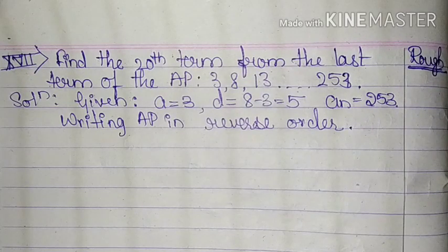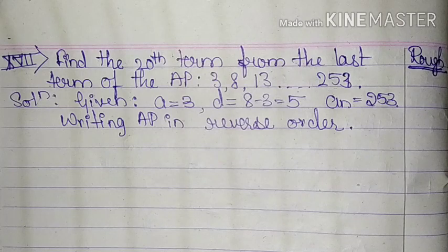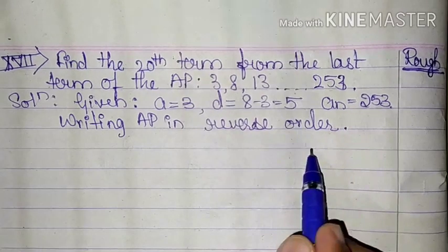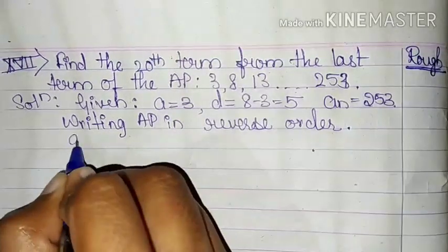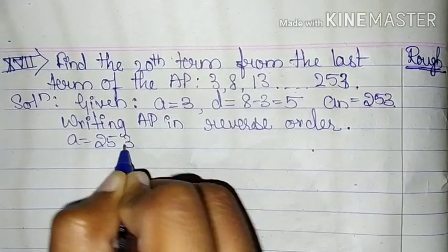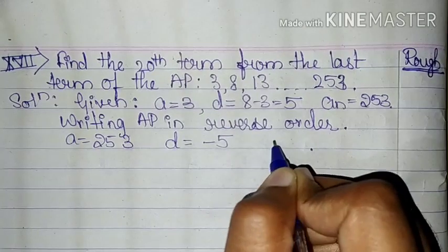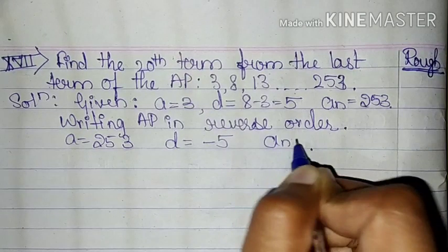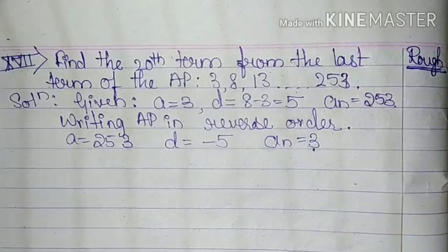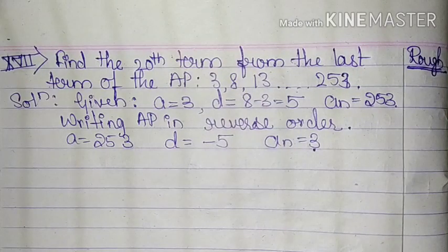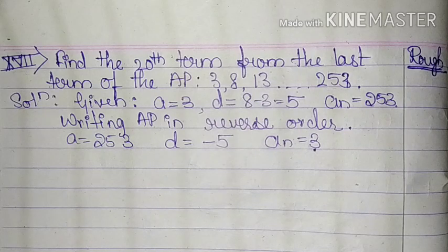So in this case, if D is equal to 5, when I write the AP in reverse order, the common difference will become minus 5. So now, writing the AP in reverse order, A is equal to 253, D is equal to minus 5, and AN will be 3, the last term. If I start from 253, then my last term will be 3. So, AN is equal to 3.